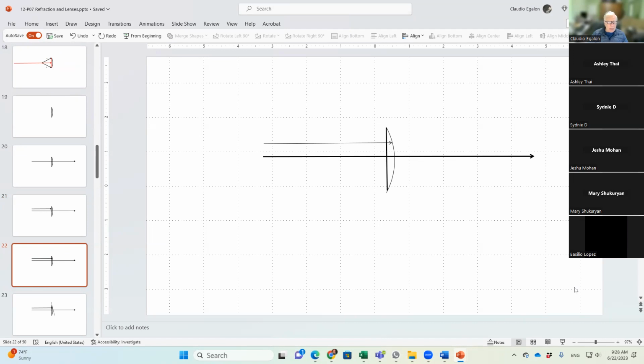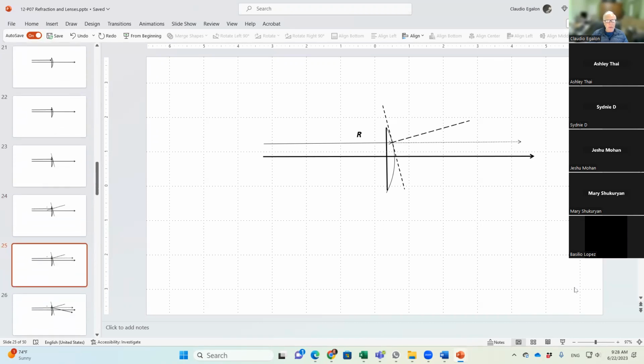And then when it reaches the other surface, what's going to happen? You have to come up with the plane that is tangent to that surface of the lens. After coming up with this plane, you're going to draw the normal to the surface, so you can find out in which direction the light ray is going to be refracted, right? That's why we're doing that.